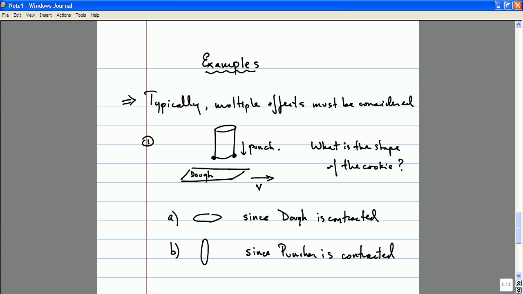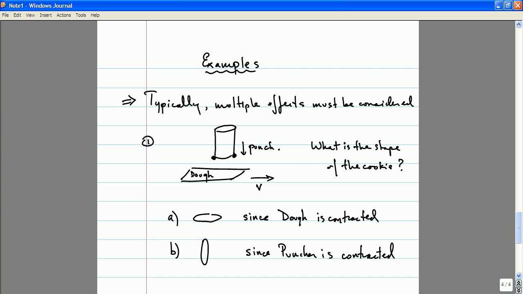And so the answer that you get in the frame of the puncher is going to be the right one. If you try and analyze it from the dough's point of view, you better take into account the fact that the events where the left and the right-hand side of the puncher hit the cookie dough don't happen simultaneously. One of them happens before the other.